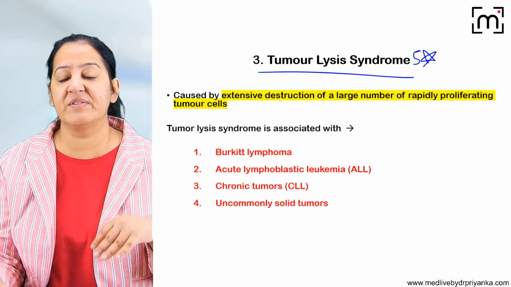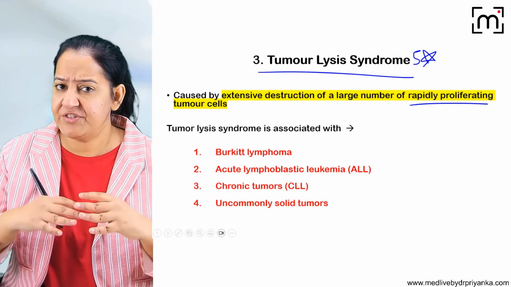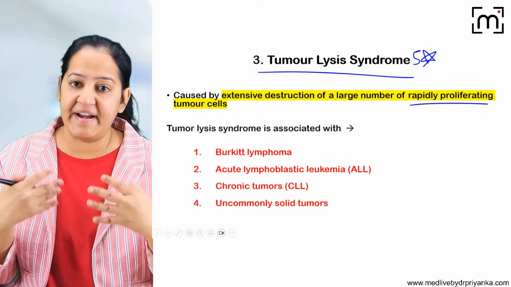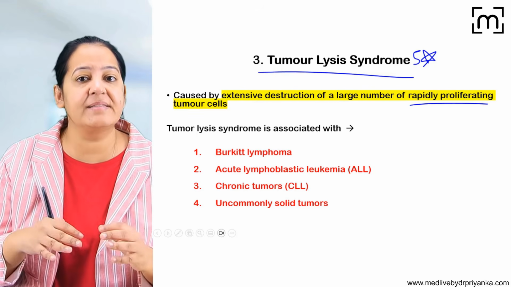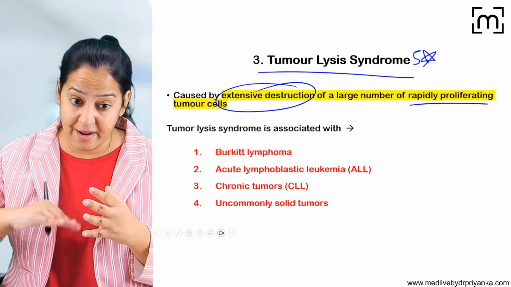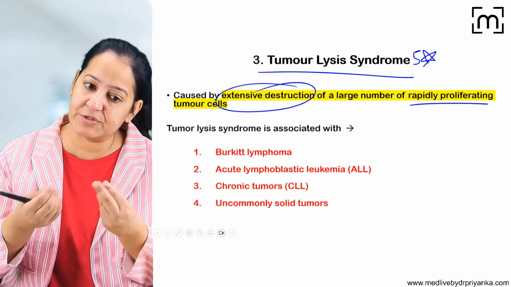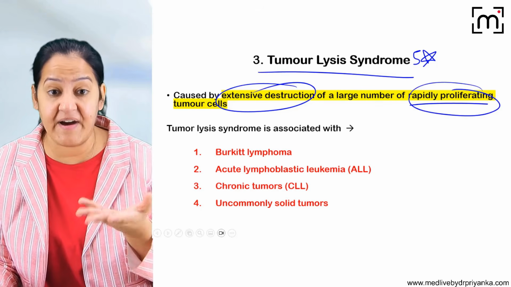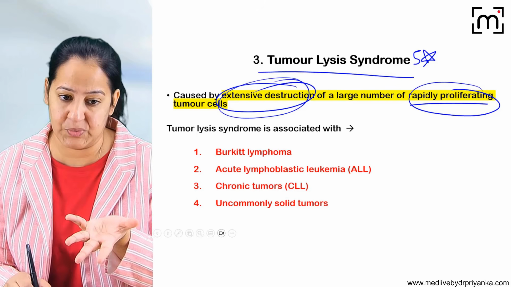There are certain cancers which are rapidly dividing, in which the cancer cells divide like anything. If the cells are dividing rapidly, they will be destroyed rapidly. So simple rule: if the cells are dividing rapidly, they will also be destroyed rapidly.